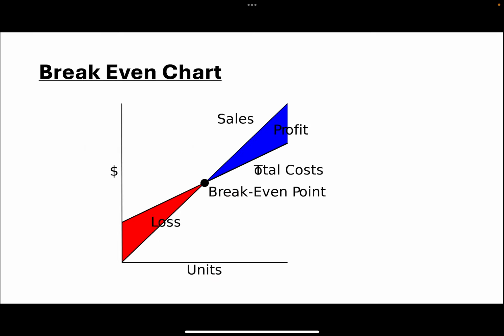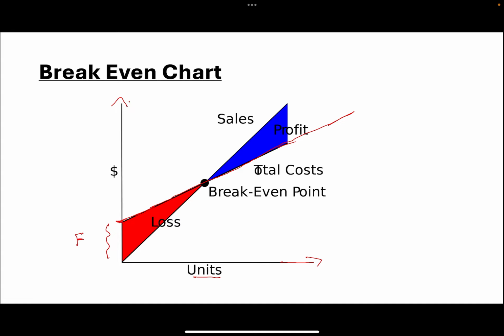So let us look at the chart now. In the chart, you can see on the x-axis you have the units, and on the y-axis you have the cost. This line corresponds to the fixed cost.